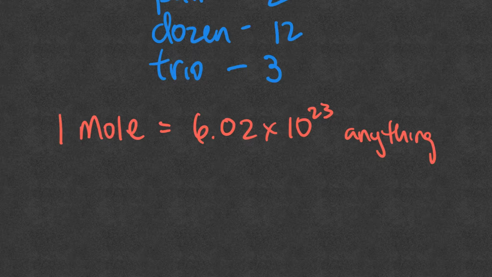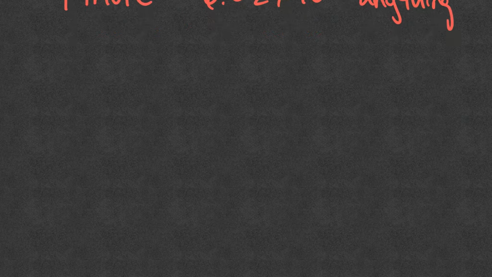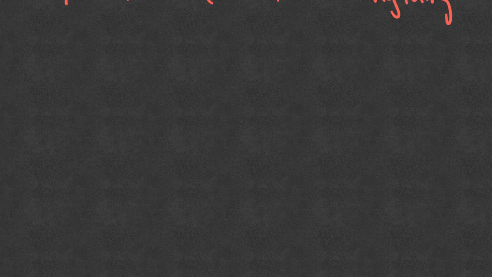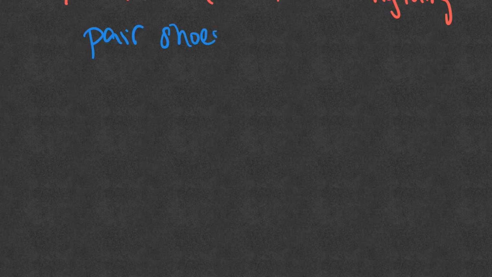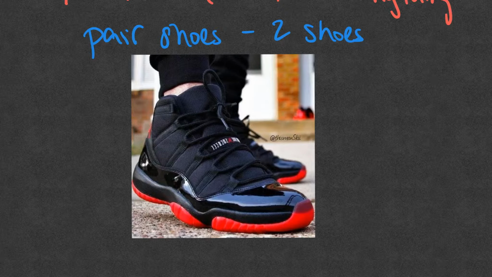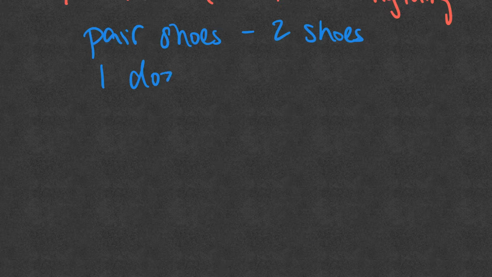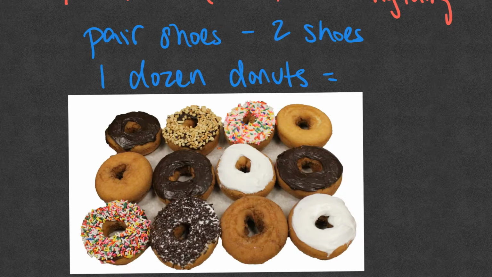Just like a pair of shoes is 2 shoes, or 1 dozen donuts is 12 donuts.